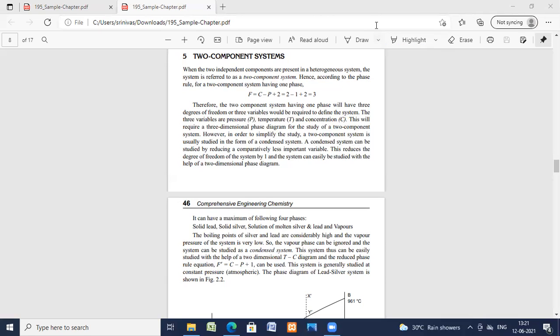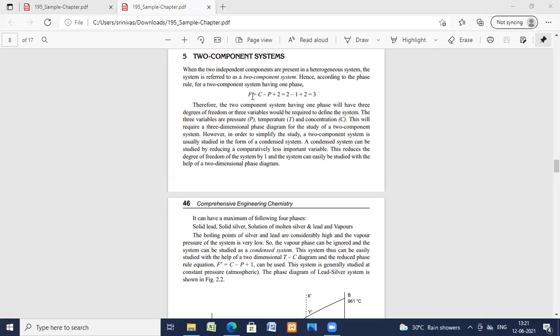Now, for the two component system: when two independent components are present in a heterogeneous system, the system is referred to as a two component system. According to the phase rule, take a two component system with one phase.